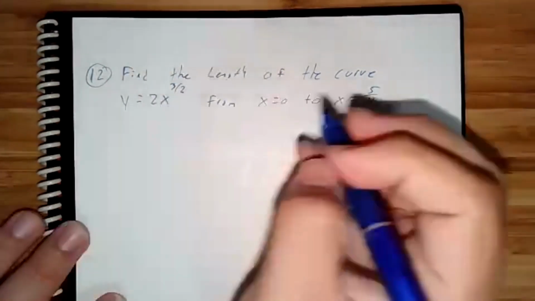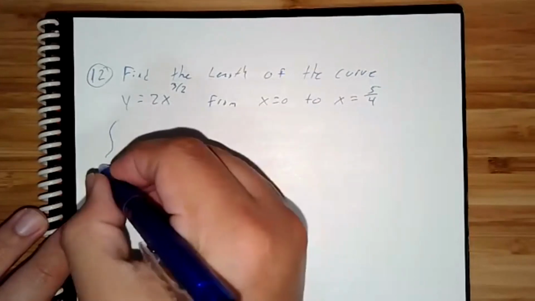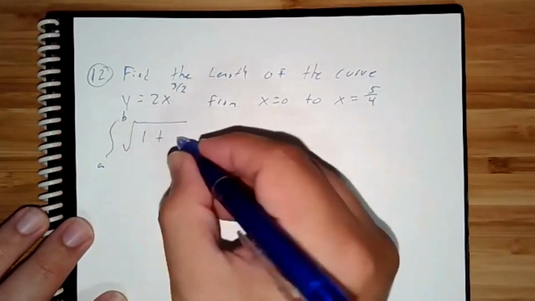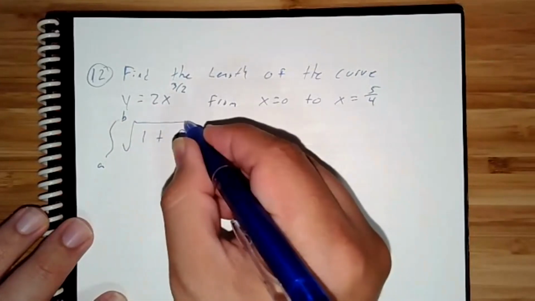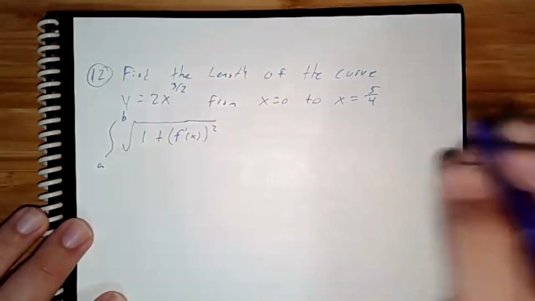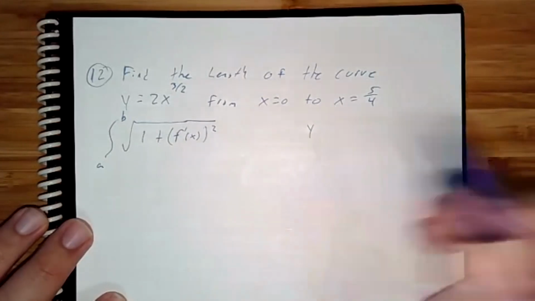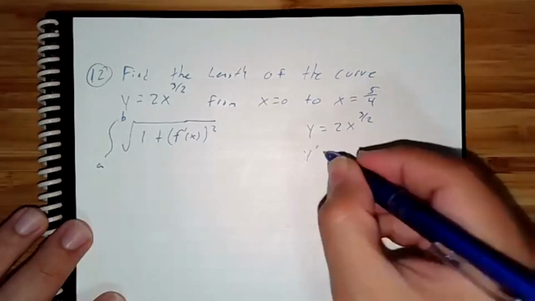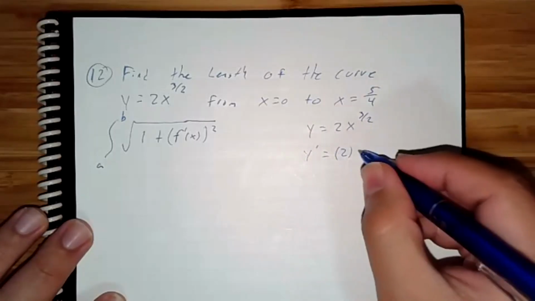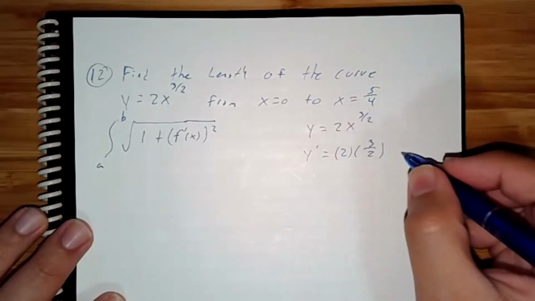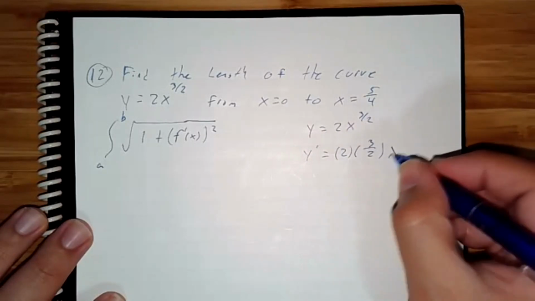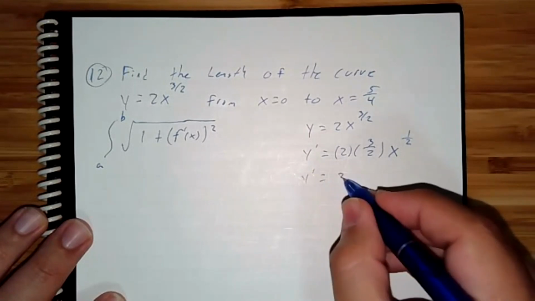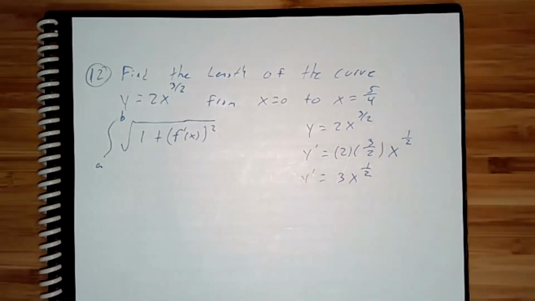All right, so the formula says you're going to integrate from a to b of the square root of 1 plus the derivative squared, right? Or you could put y prime if you want, doesn't matter. So here's the original. Take the derivative, we'll get x to the 1/2. So y prime is equal to 3x to the 1/2, right?